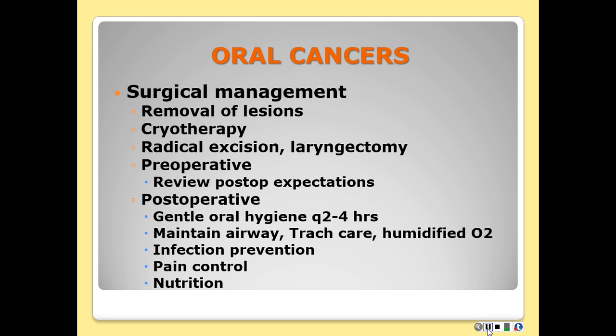These are very radical neck, mouth, facial surgeries. What's my number one priority post-op? Airway. So your patients may come out of there with a tracheostomy. They're going to have oxygen.